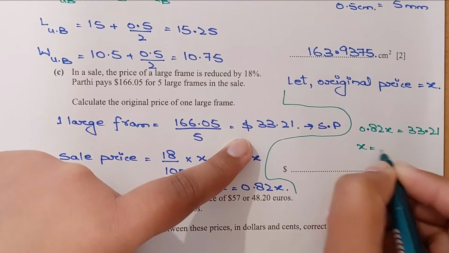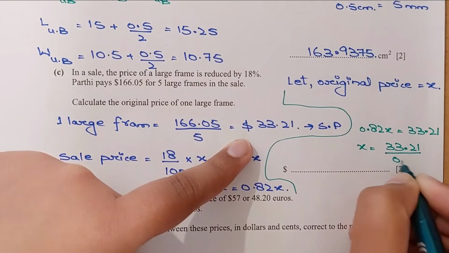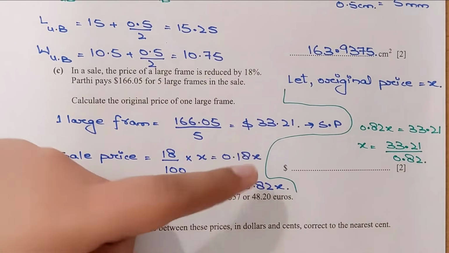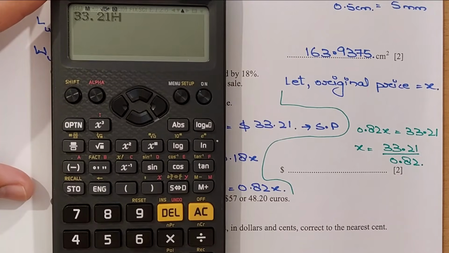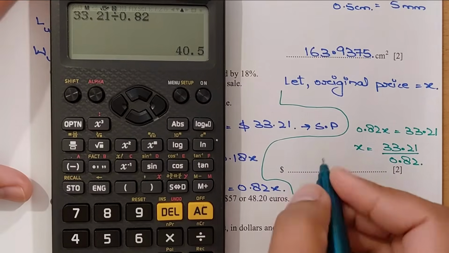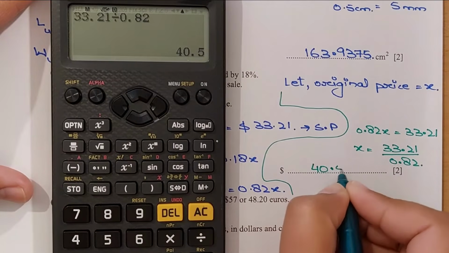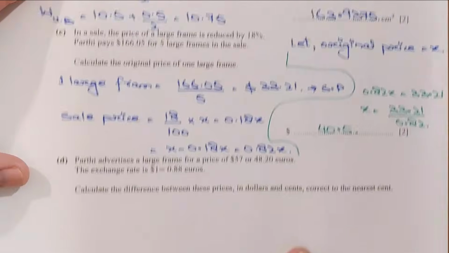So x equals 33.21 divided by 0.82, that is 40.5. So $40.05 is the original price of one large frame, right?